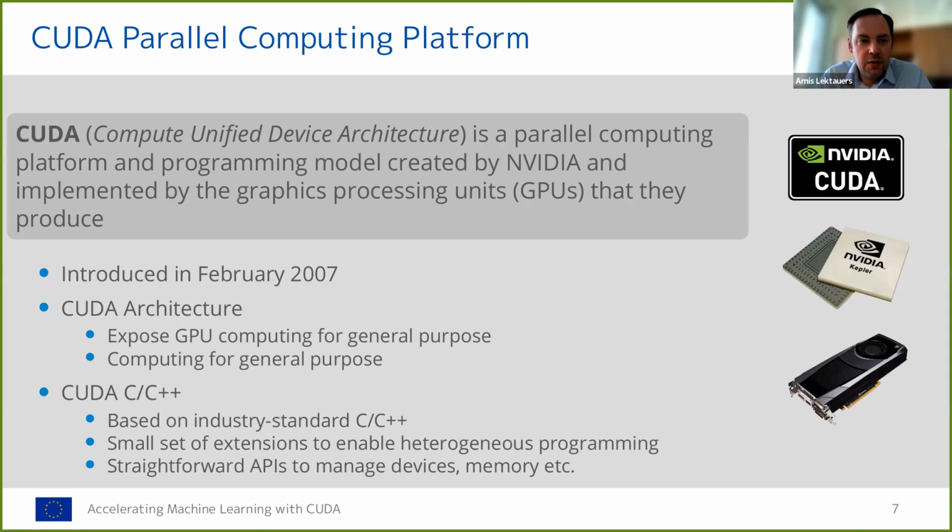As I said, CUDA was introduced in the market in the year 2007, and in the last time, practically every year, a new version of CUDA and a new version of GPU architecture is appearing in the market.